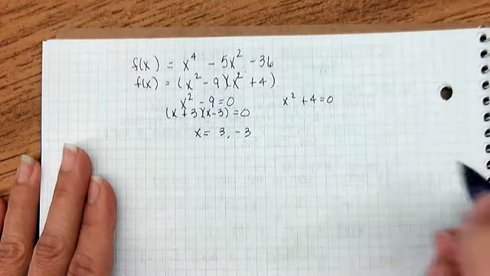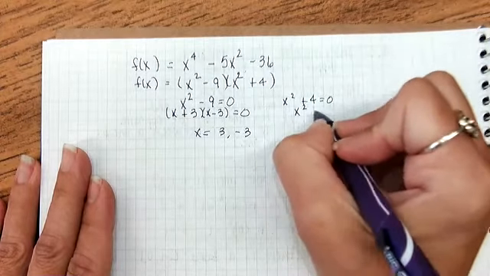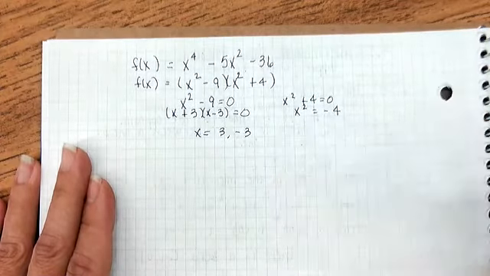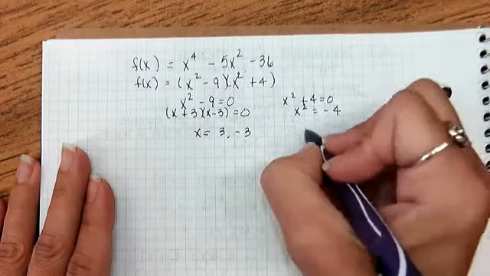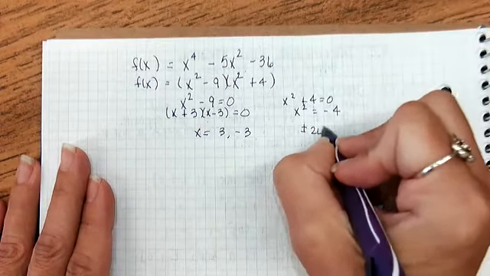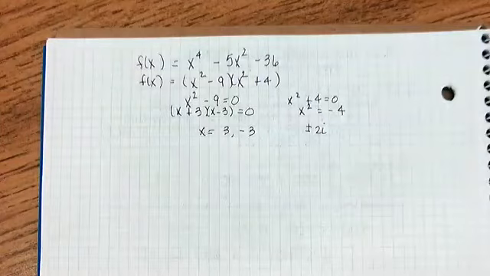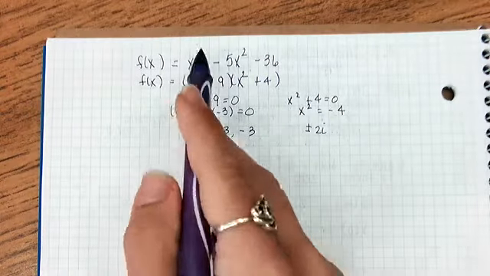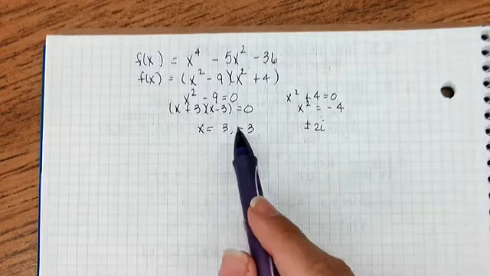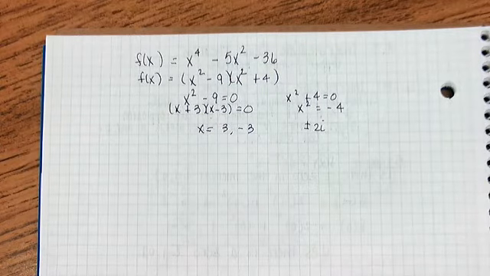This is going to be imaginary. x squared equals negative 4. Take the root, get plus or minus 2i. 4 solutions, degree is 4, 4 solutions: 3, negative 3, positive 2i, negative 2i.